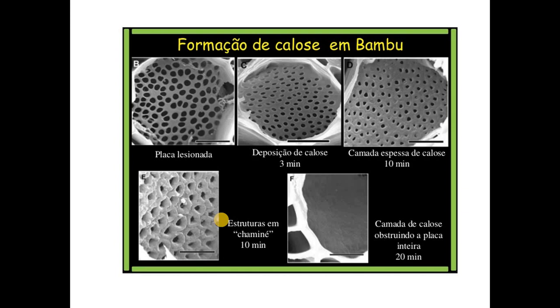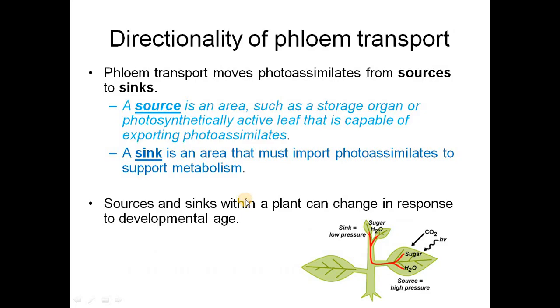So the plant has the ability to heal itself. This is a picture of a bamboo, and you can see how these openings become smaller and smaller due to the accumulation of these proteins and callose.